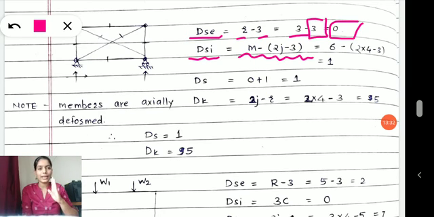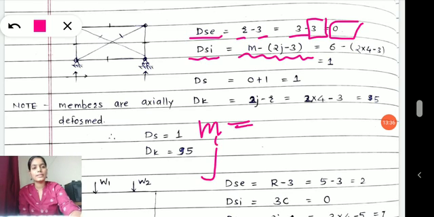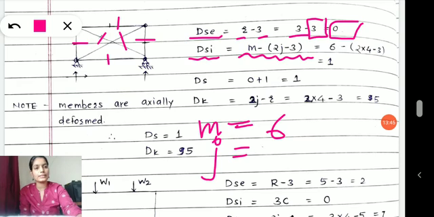But here, m stands for members and j stands for joints. Let's calculate members: 1, 2, 3, 4, 5 and 6. So total members are 6. Joints: 1, 2, 3 and 4.